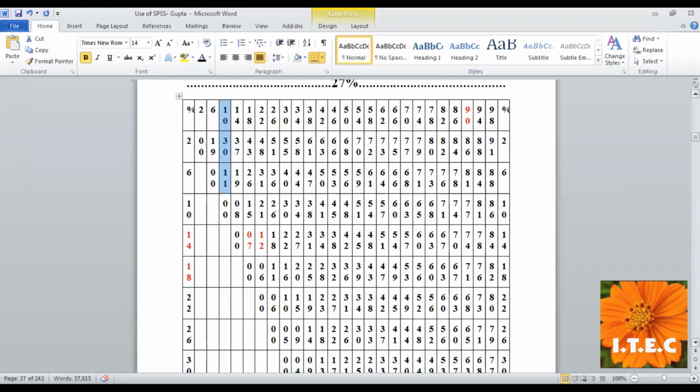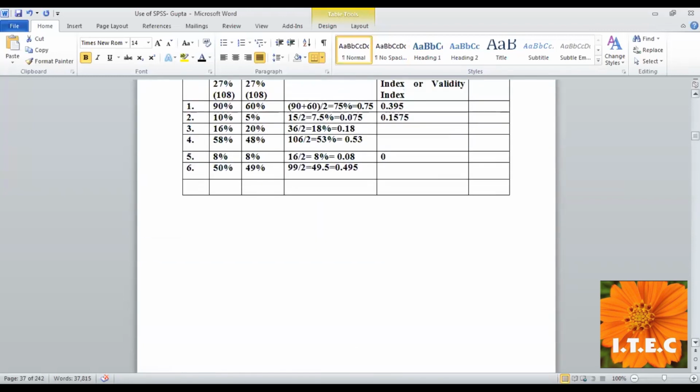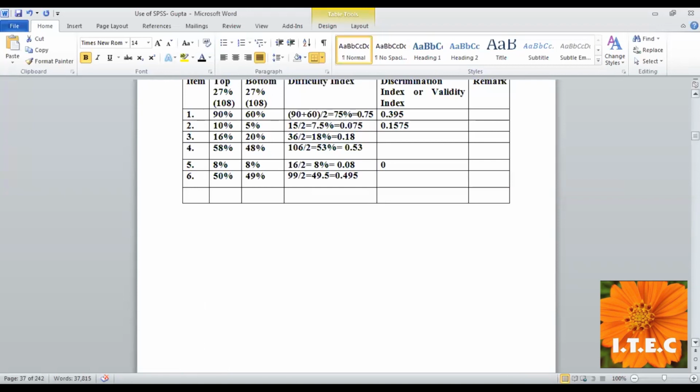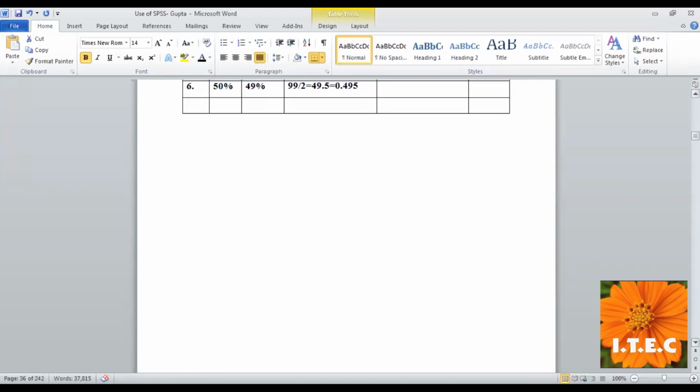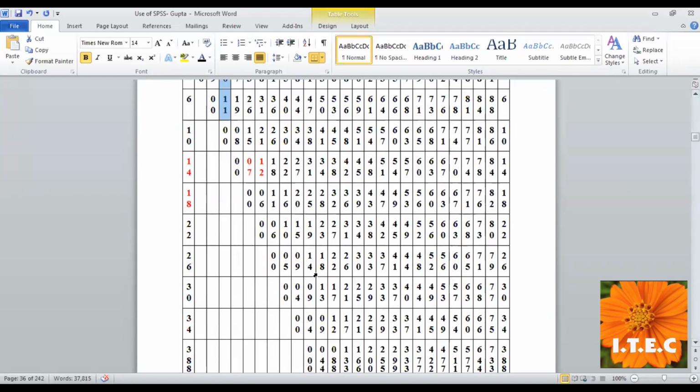And then you have the 16 and 20. 20 will be somewhere here. It will not be this.